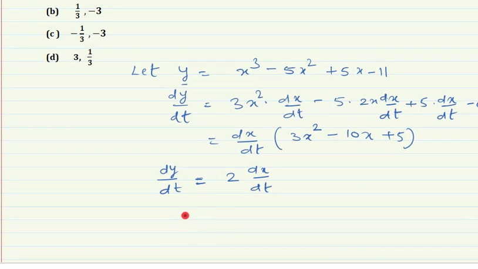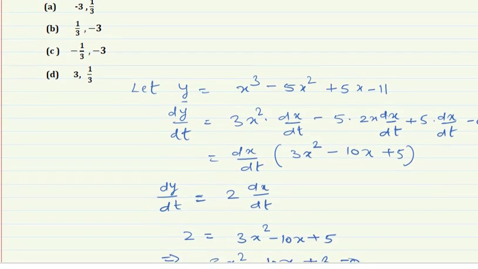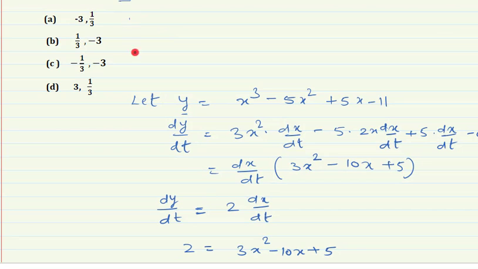So clearly you are getting 2 is equal to 3x square minus 10x plus 5, which further implies 3x square minus 10x plus 3 is equal to 0. This is simply a quadratic equation and you can simplify it very easily. So the correct option you will get is D, that is 3 and 1 by 3.